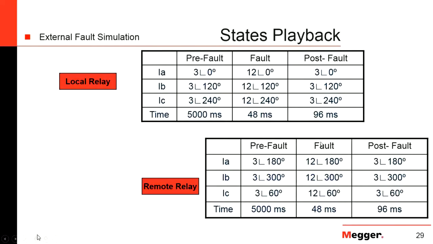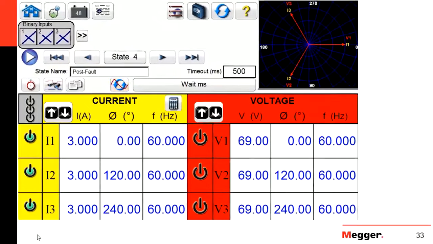Notice that for the remote relay we said that the current in the faulty state was going to be 180 degrees apart, which means current flowing behind the relay, to say it somehow.